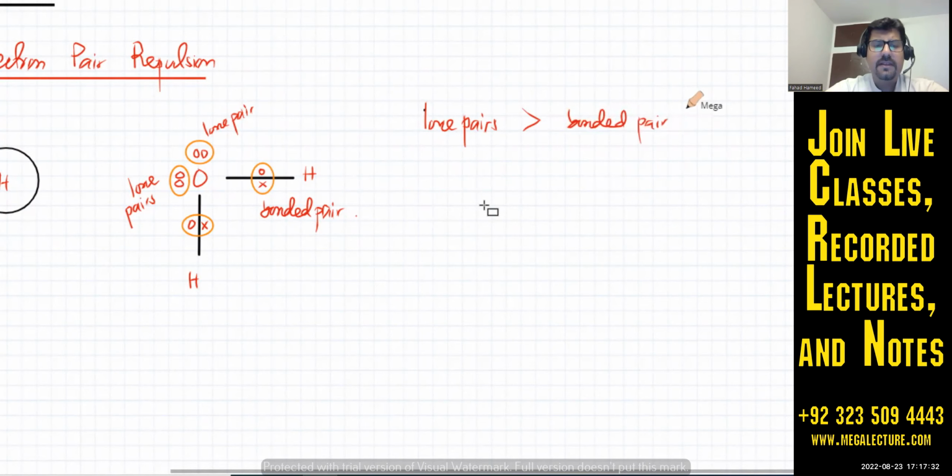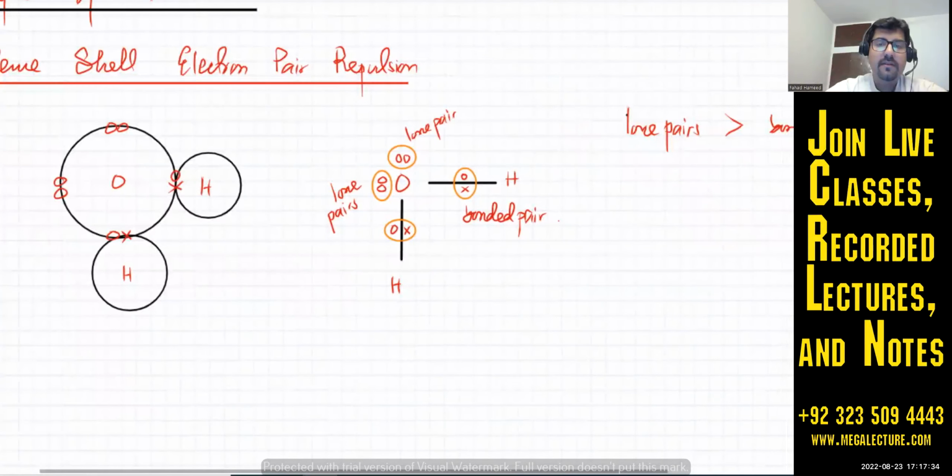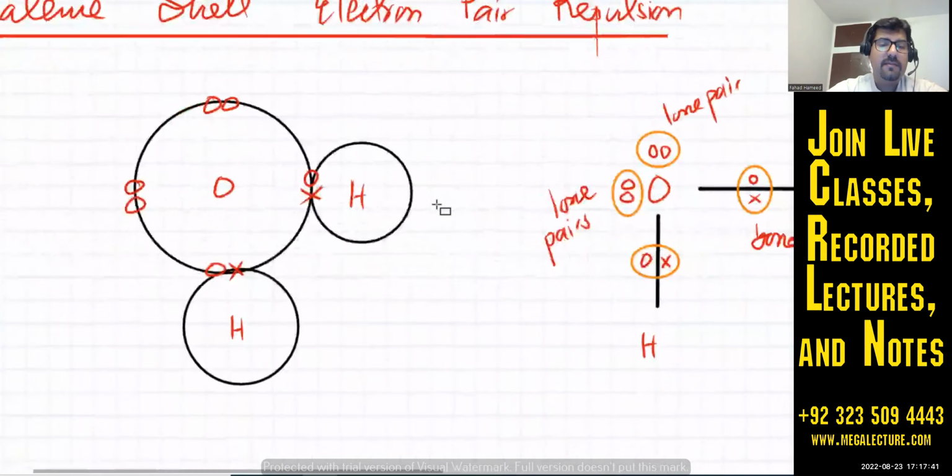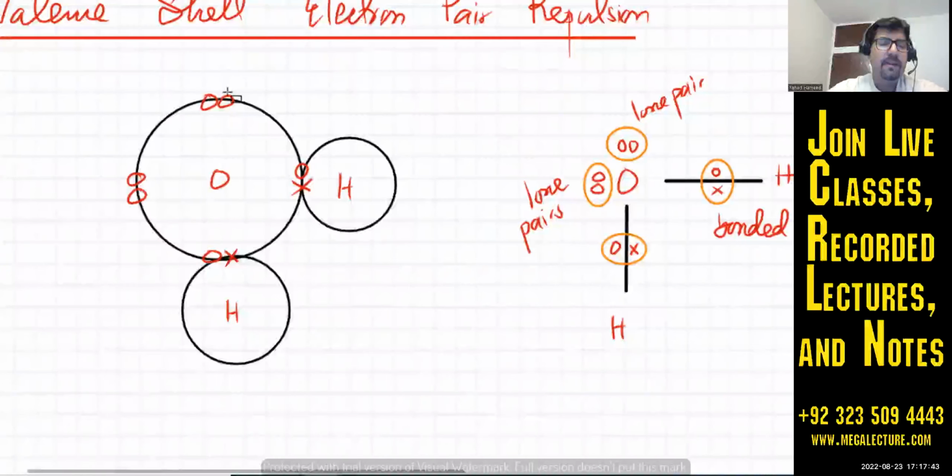The pairs are repelling. Electrons always exist in pairs. We'll talk about them in orbitals, but what is happening is you've got a pair of electrons over here that's being shared, that's a bonded pair. You've got a lone pair over here, and a lone pair over here. They'll try to be as far away from each other as possible.